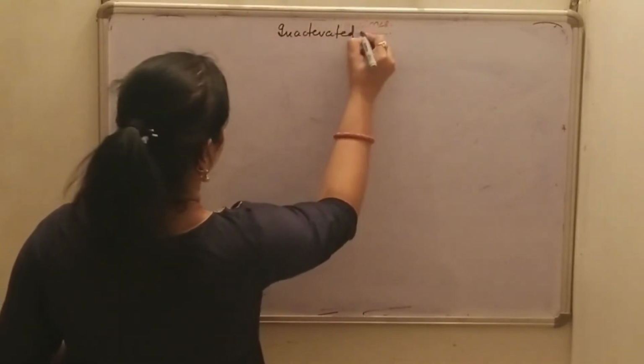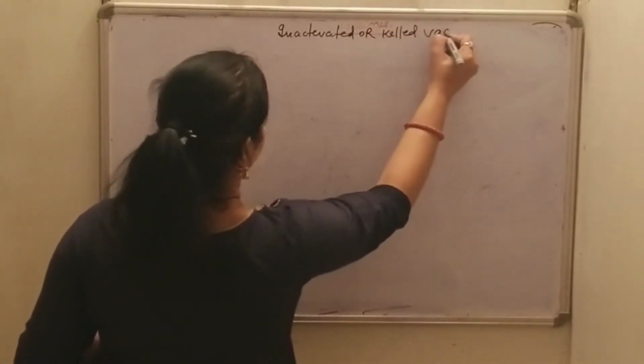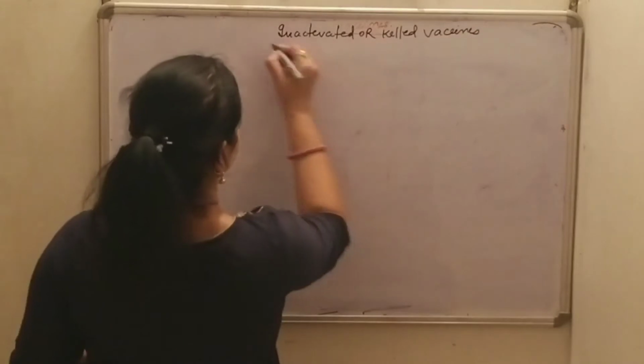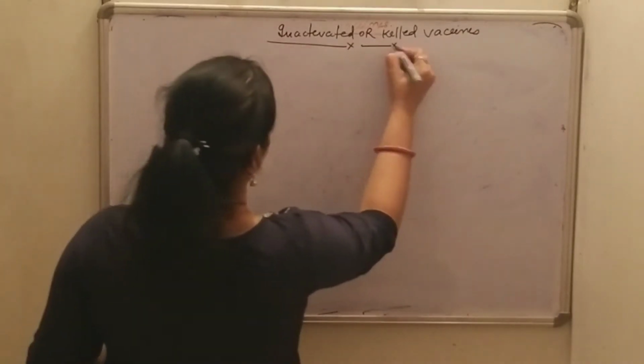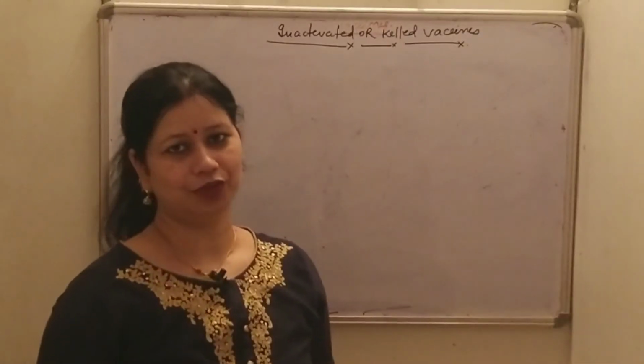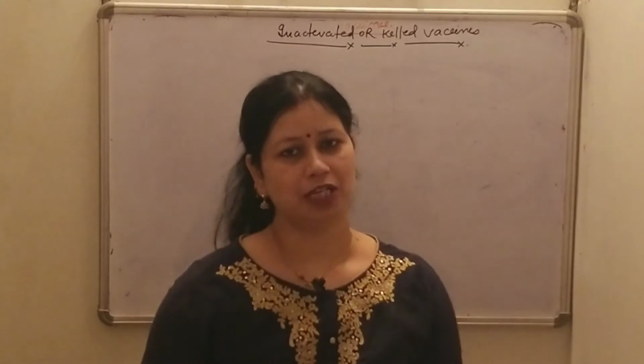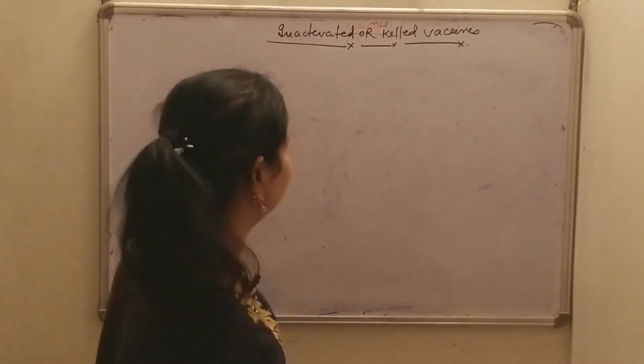Inactivated or killed vaccines. I have told you that these types of vaccines are prepared by the mass production of virulent strains of microorganisms.